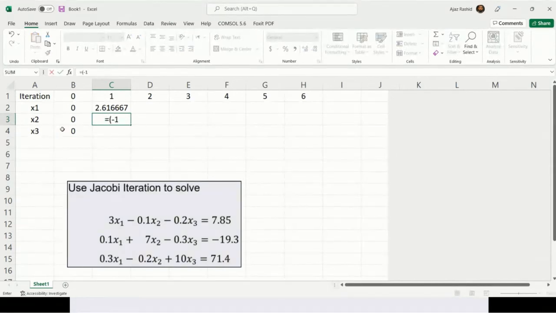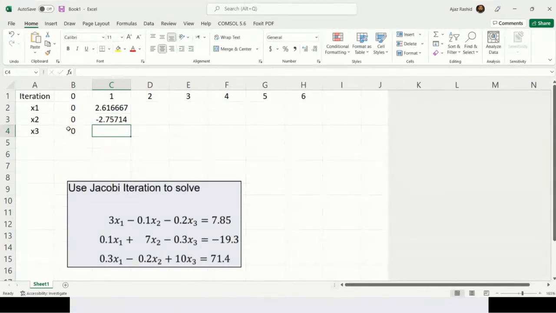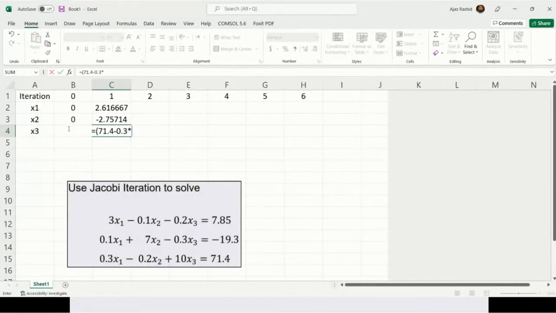This is minus 19.3 minus 0.1 multiplied by x1 plus 0.3 multiplied by x3 divided by 7. This is 71.4 minus 0.3 multiplied by x1 plus 0.2 multiplied by x2 divided by 10.